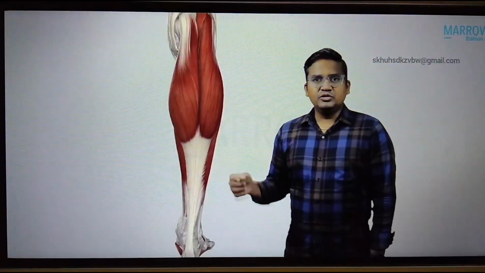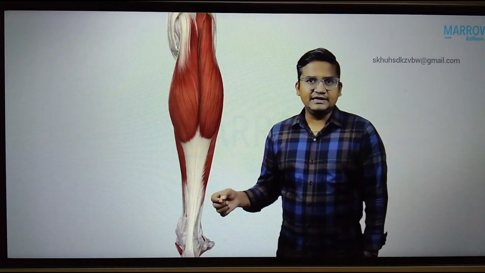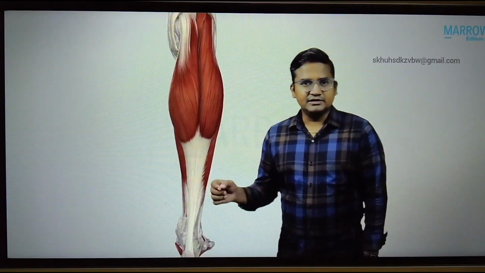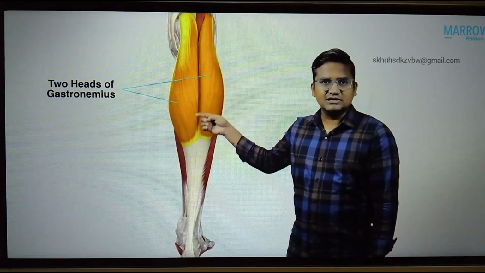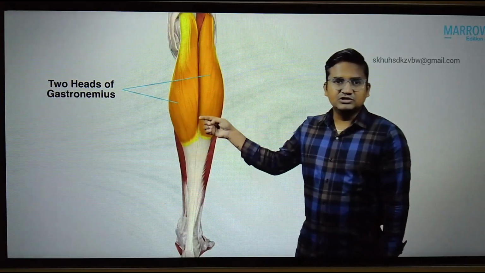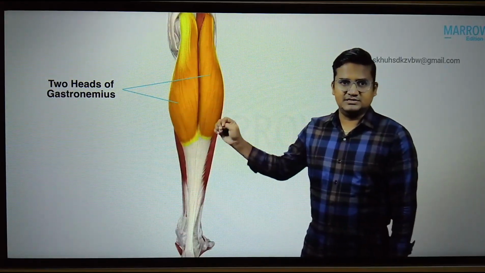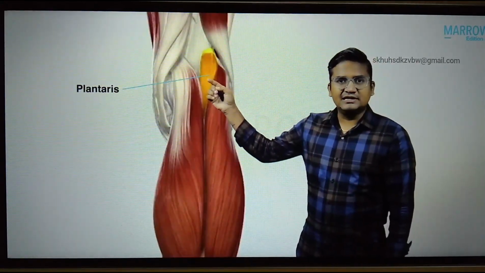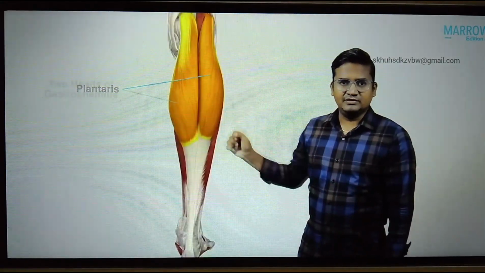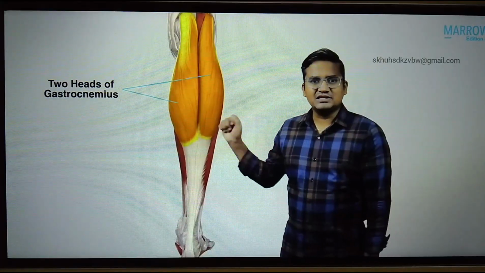Okay, now we're going to see the animation for the anterior and the posterior compartment of leg. Now see here, we are seeing the posterior compartment muscle, gastrocnemius muscle. We have two heads of gastrocnemius. We are also seeing one small muscle there, that is our plantaris muscle. Now what is the action of gastrocnemius muscle?